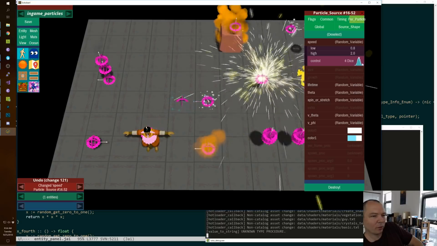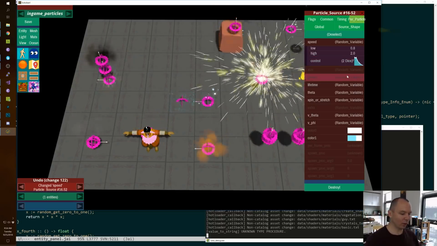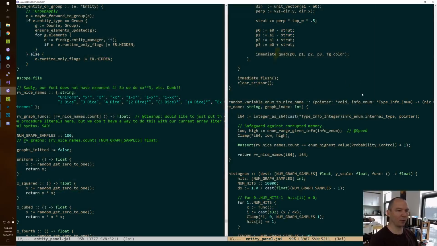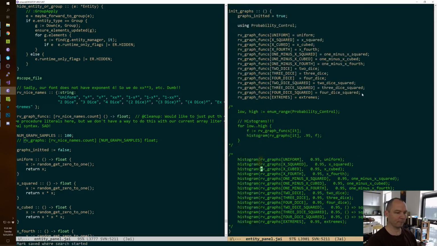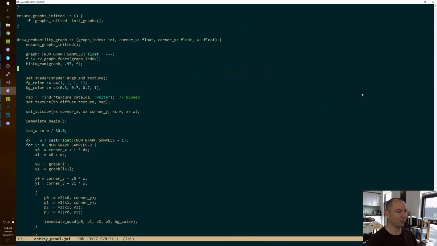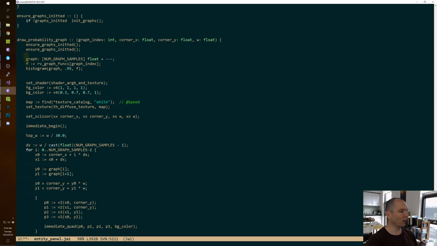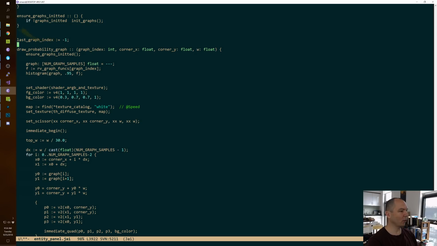This might be a little noisy. So let's try something extra stupid. So we're going to say last graph index is -1, and last graph num graph samples float.